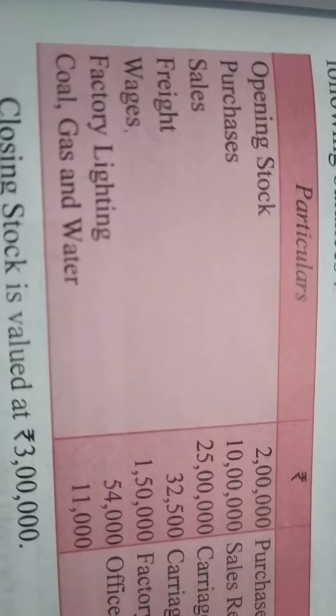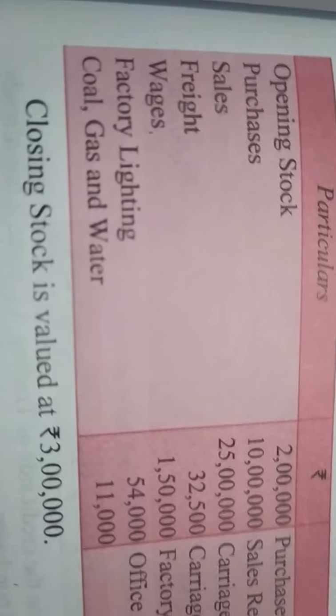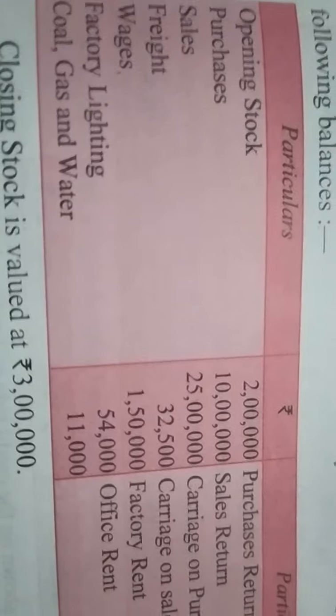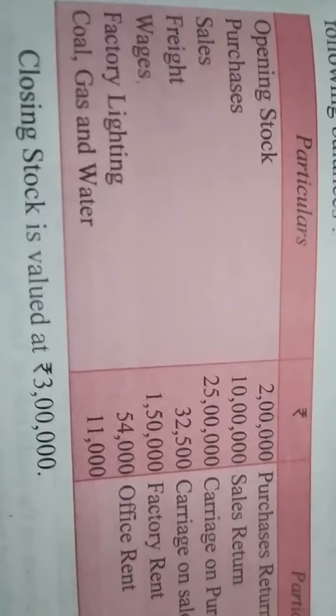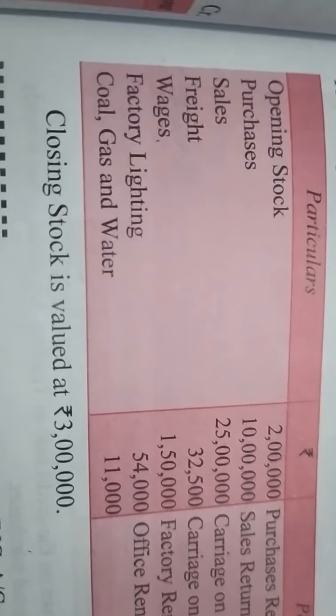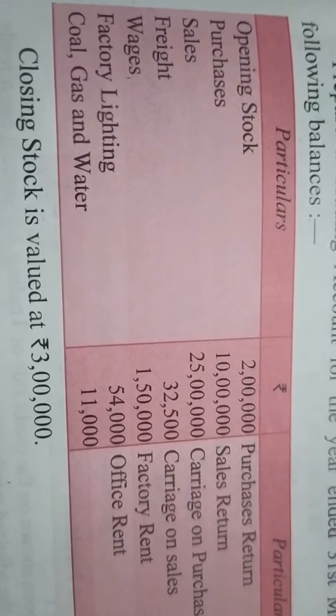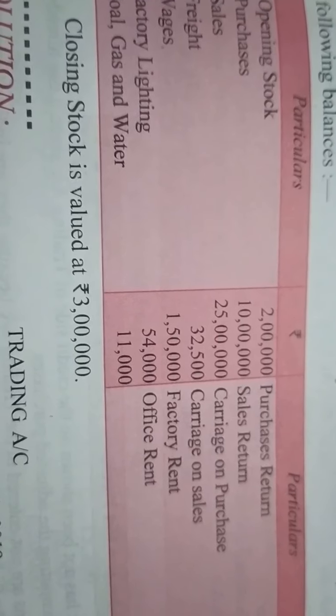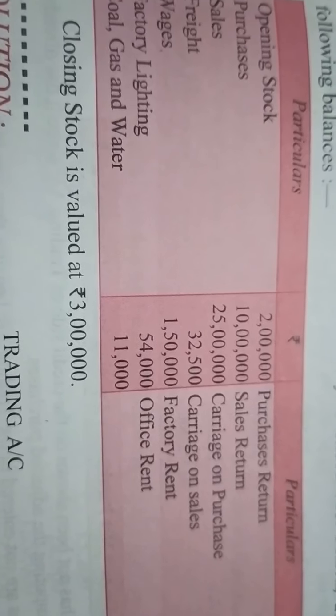So all the expenses which are incurred in order to manufacture the product come under the category of direct expenses and will be shown in the trading account. Similarly all the indirect expenses will be shown in the next account known as PL account, profit and loss account.